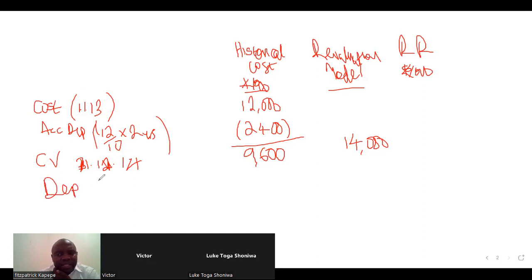This is on the 31st, 0.12, 0.15, which is 1,200. So under historical cost, this amount would be how much? 8,400. Yes, 8,400.